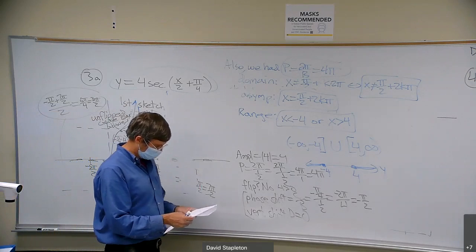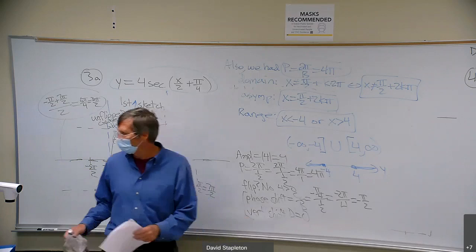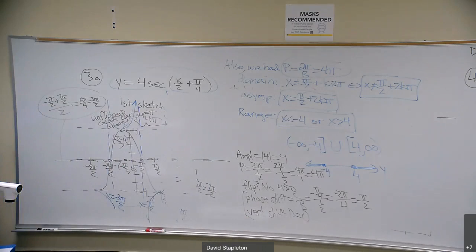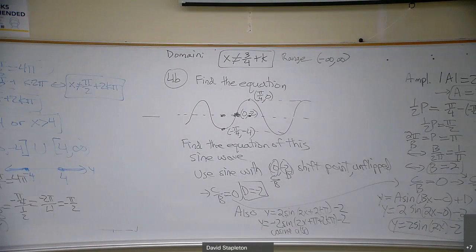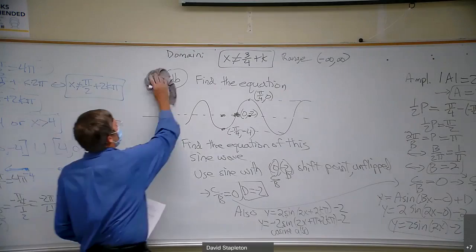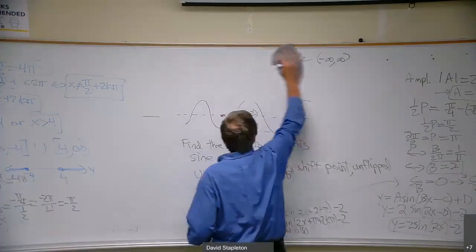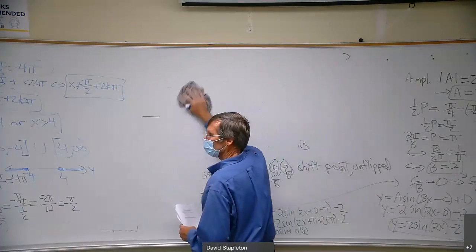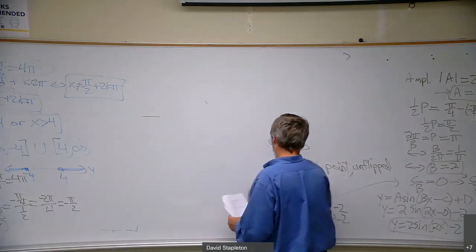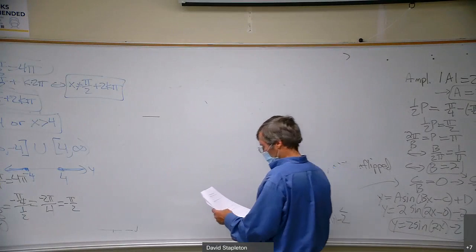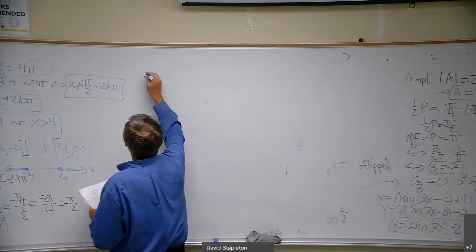Find the amplitude and period in an equation for the graph. Those will be somewhat similar to one of the later ones, but the graph is a little different. So there's a little trick in here that wasn't in the other one. I'll try to reproduce this graph on here.